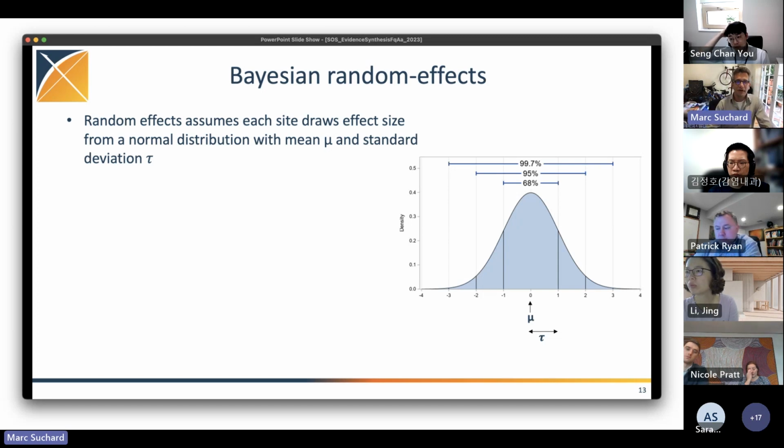So the Bayesian random effects model makes the same other assumptions. We're going to assume that we have some likelihood function that describes our hazard ratio. That unknown hazard ratio itself is drawn from a normal distribution with a mean that we will estimate, mu, and its standard deviation.